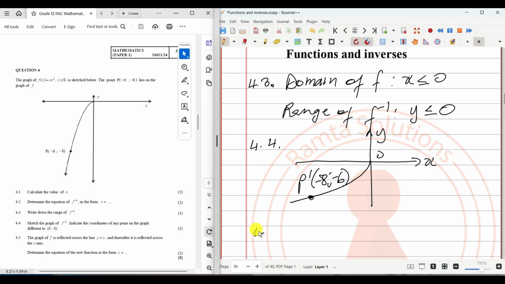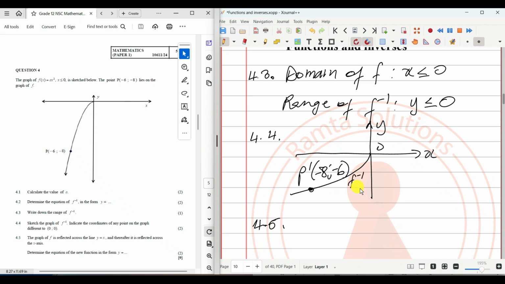Now 4.5. The graph of f is reflected across the line y equals x, and thereafter it is reflected across the x-axis. So there are two things happening here.